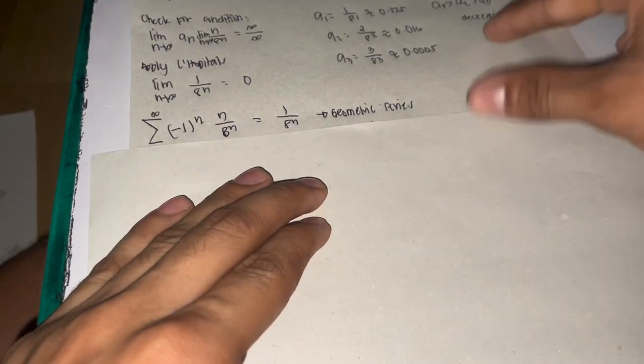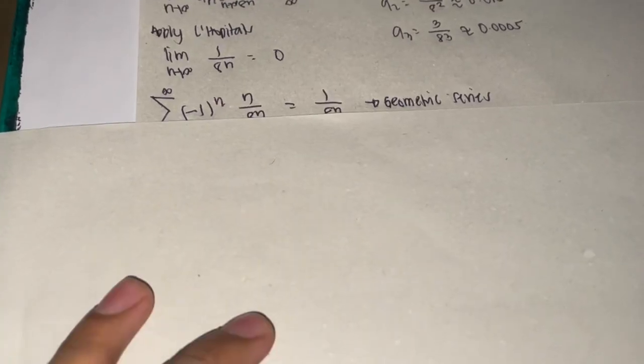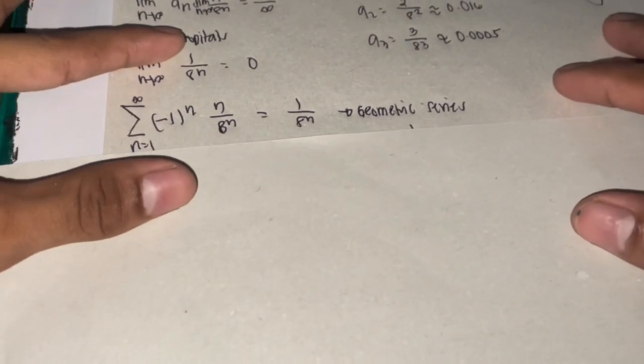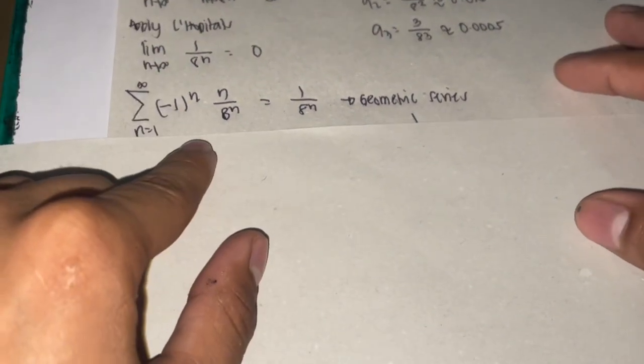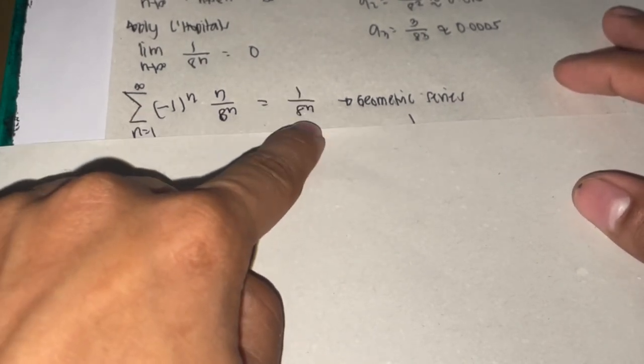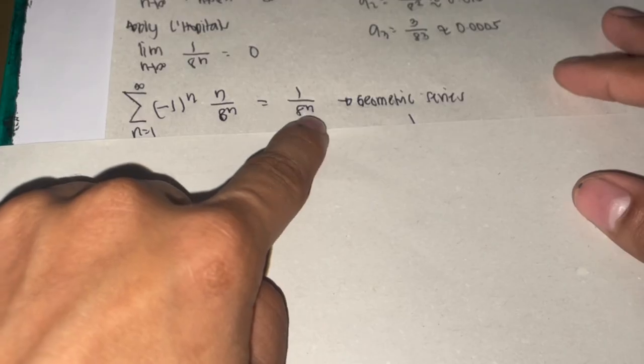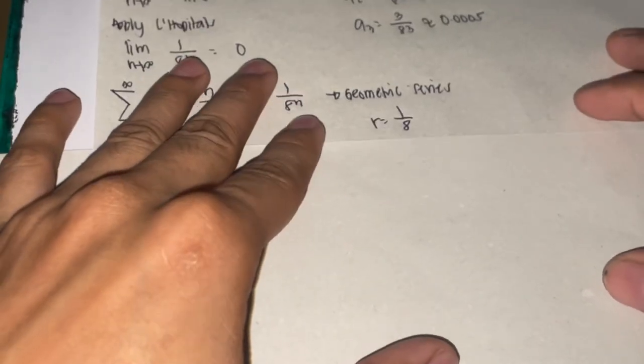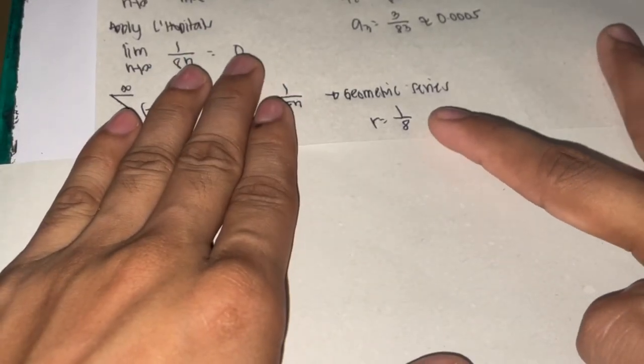As we have observed, from this series we can rewrite it as 1 over 8 raised to n. And it is a geometric series with a common ratio of 1 over 8.